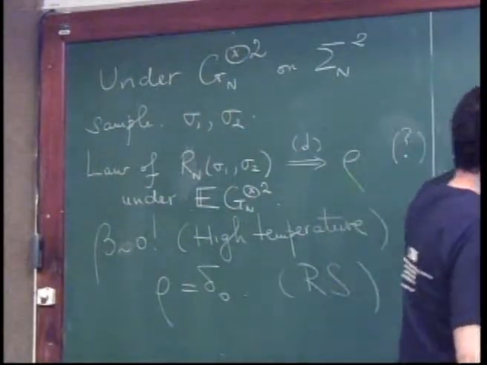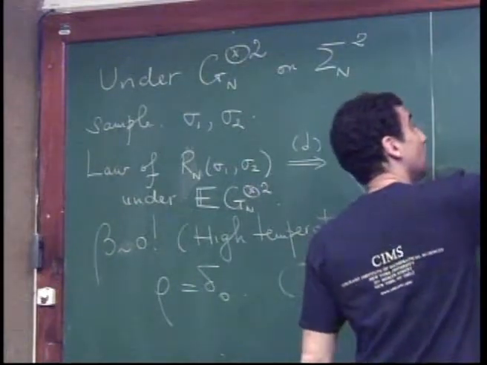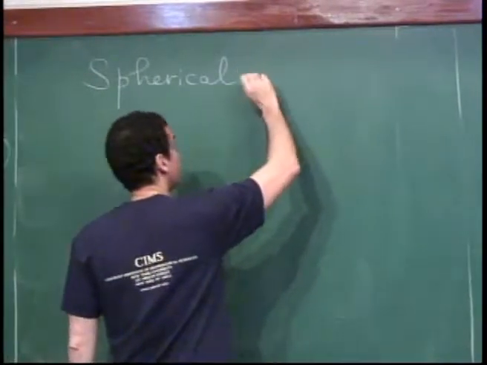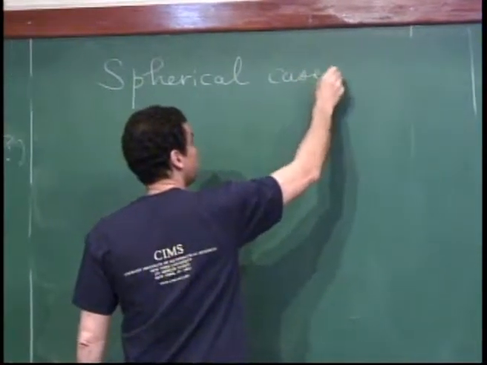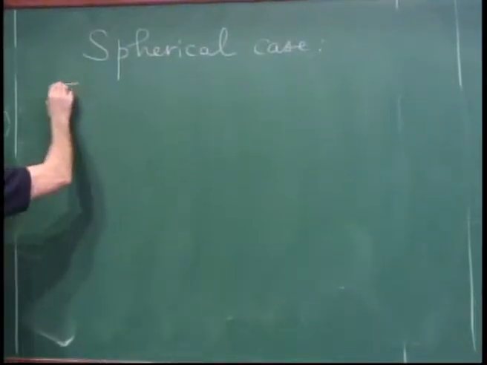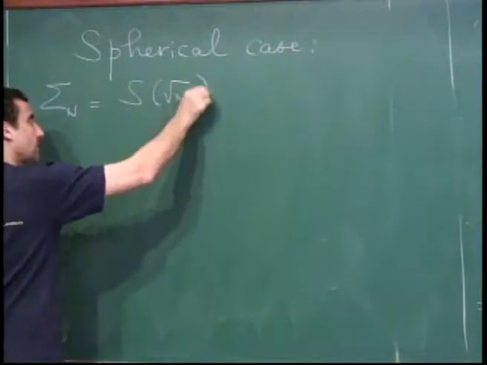All right, so now let's go for the same question, for the same model, but on the sphere. Spherical mean field model, spherical case. All right, so remember we have the same function. So sigma n now is the sphere of radius square root of n.